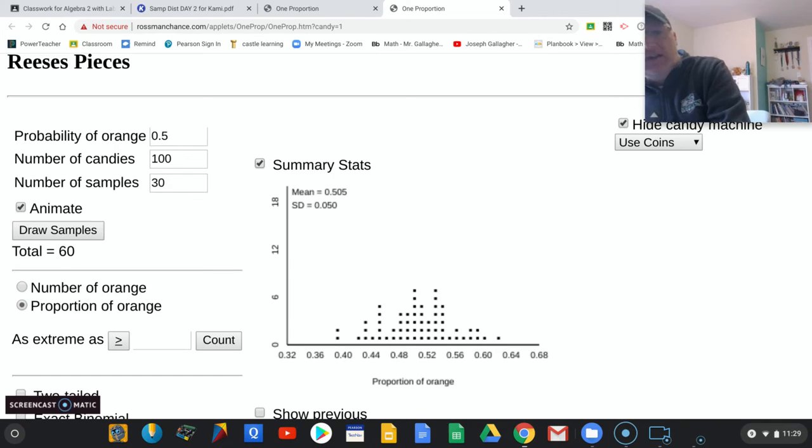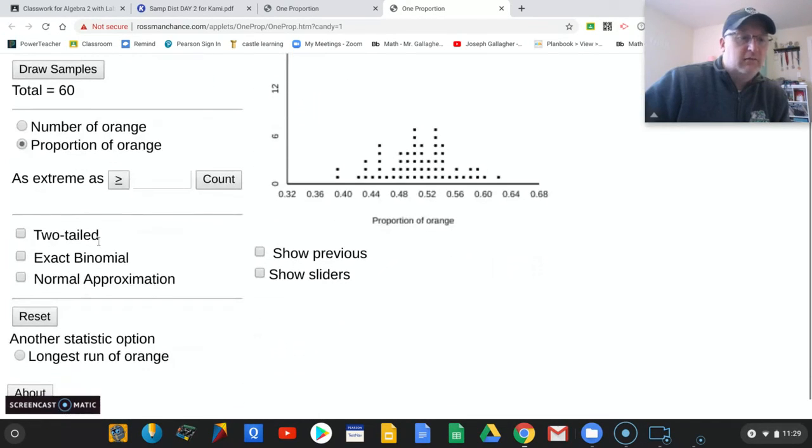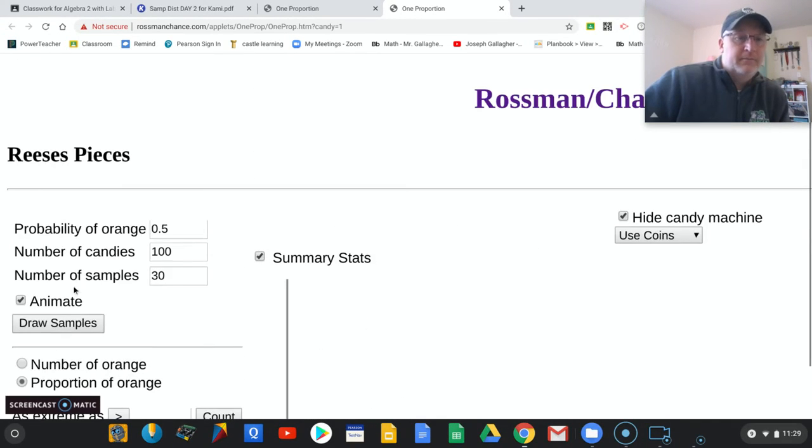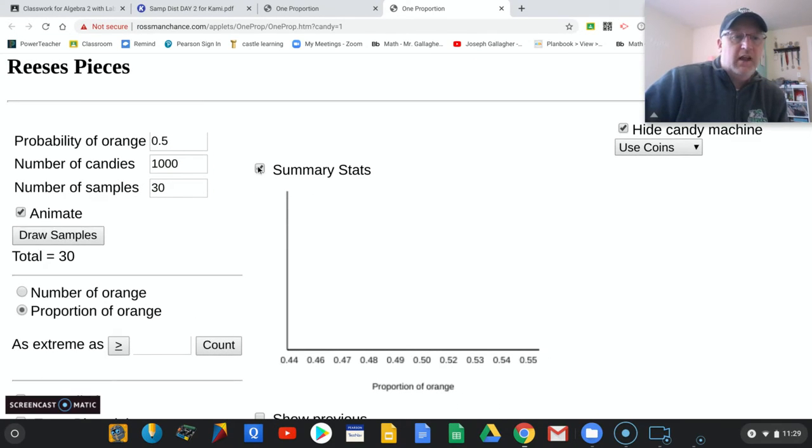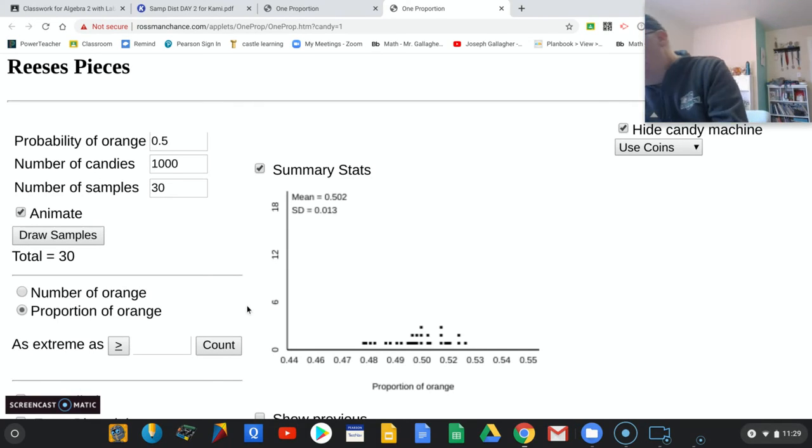My standard deviation is 0.050. And then one last thing, let's go ahead and run it 1,000 times. I can reset this so they're not there. Do it 1,000 times, draw my sample, and see what happens. And you can see that my mean with 1,000 of them is 0.502, and my standard deviation is 0.013.